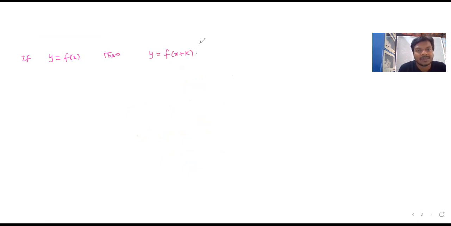Observe from different examples. Suppose that y equal to e power x plus 1, one example. Y equal to e power x minus 1, another example I am selecting.